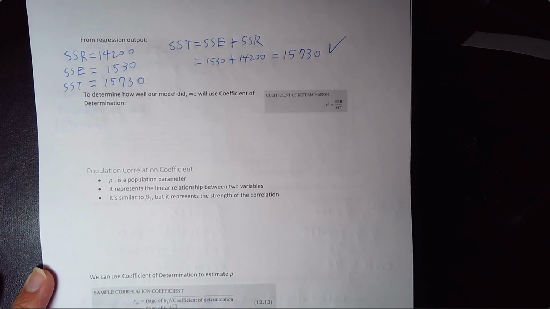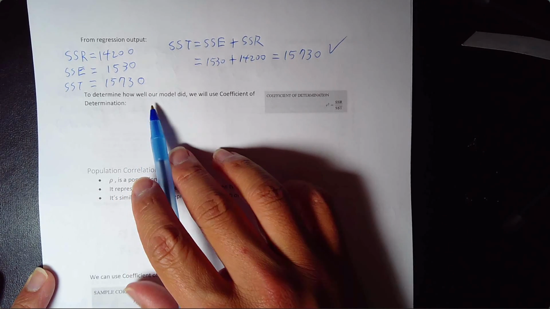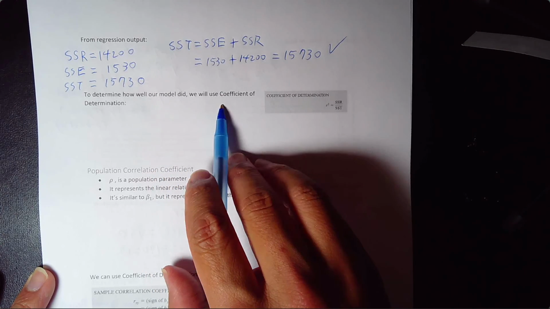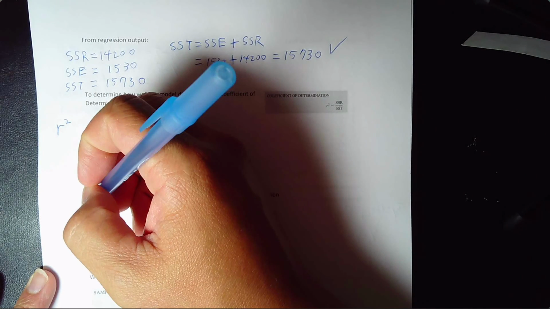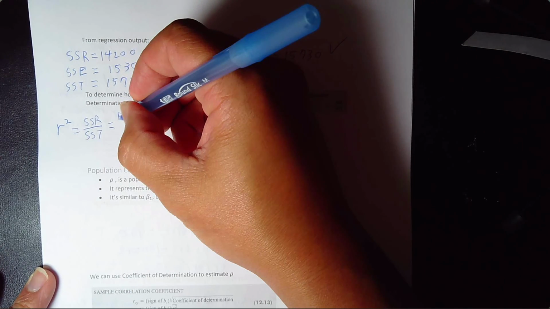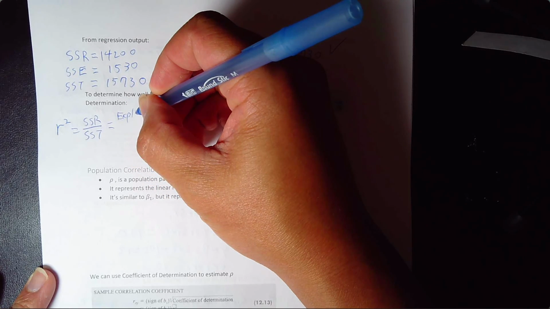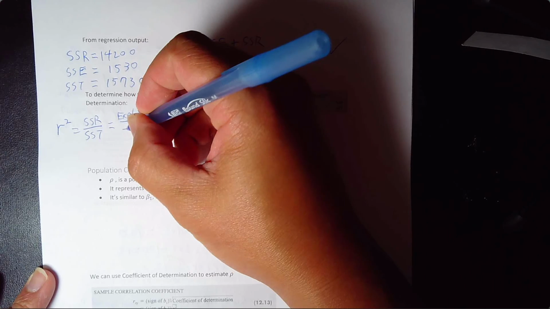So now that we have these three values, we can finally measure how well our model did. We will use an index called the coefficient of determination. It's simply R squared, and it equals SSR divided by SST. Basically, it equals the explained deviation over the total deviation.